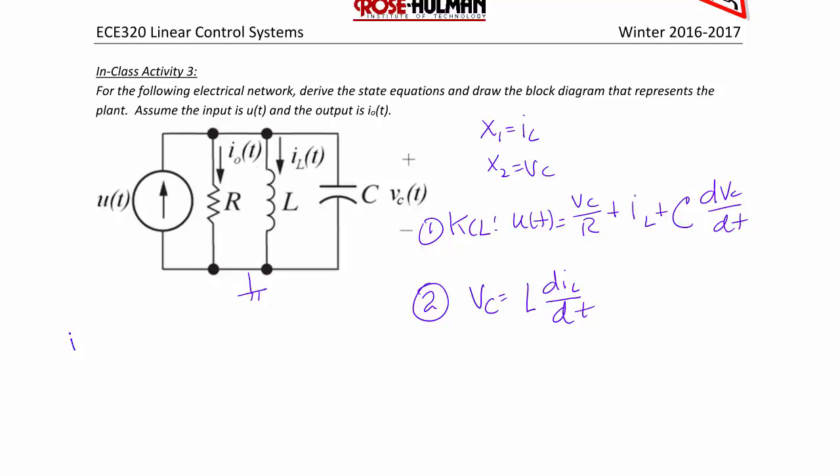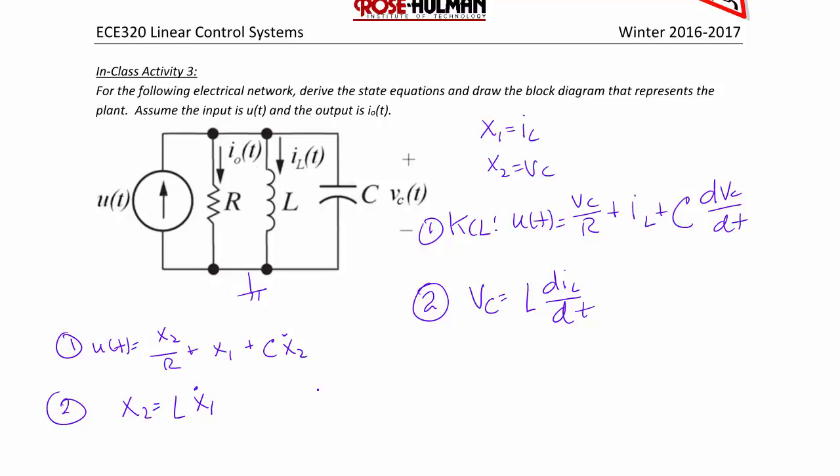So equation 1 would be U of t is equal to x2 over R plus x1 plus C x2 dot. And equation 2 would be x2 equals L times x1 dot.